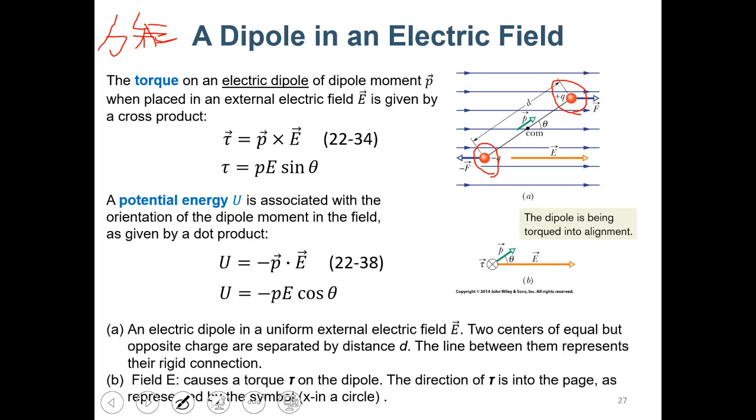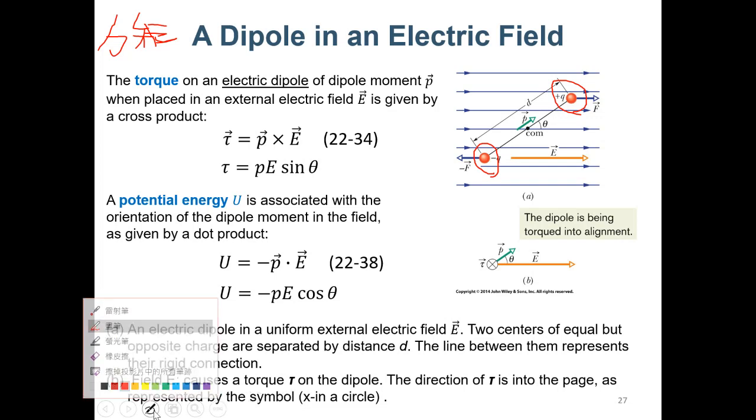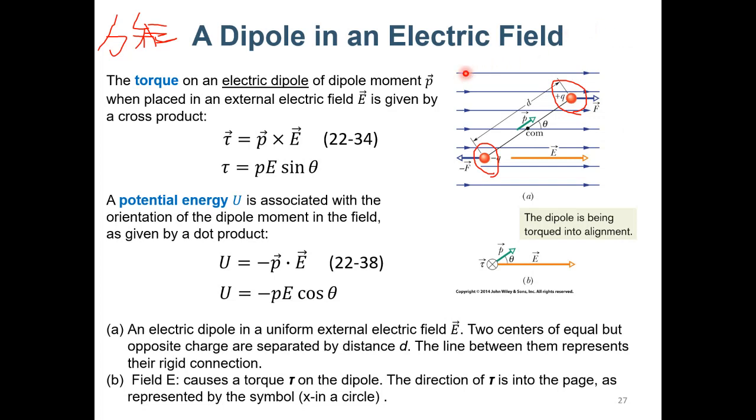Because with an E field pointing to the right, just ignore the negative charge for now. The positive Q will try to go to the right side, and the negative charge will try to go to the left side. So it will be something like this, right? So it will try to rotate. This is what we call the torque.